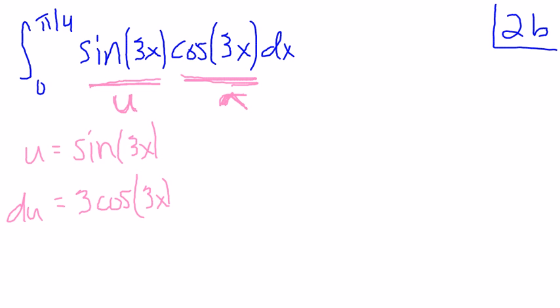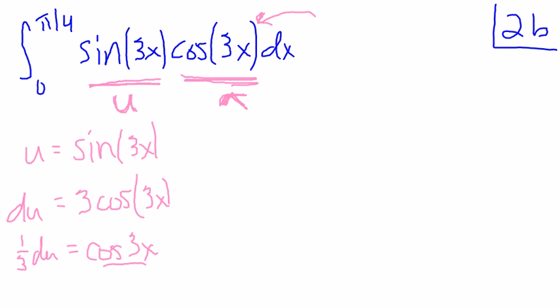This one's tricky. So I need to divide by 3, which gives me 1/3 du equals cosine 3x. The reason I do that is because there's no coefficient out front of this, so when I have the cosine here, I have no coefficient as well.